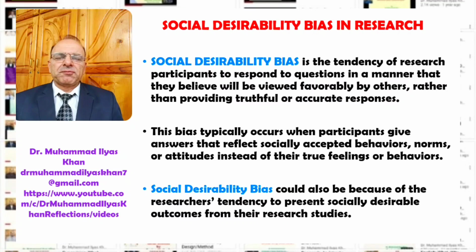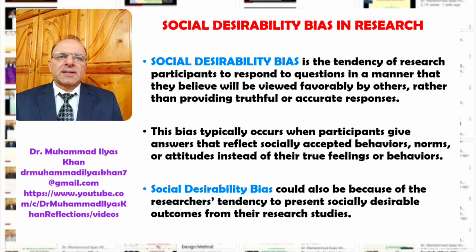So instead of responding with authentic or factual responses, they give responses that they think will be taken more favorably, and so the bias actually distorts the truthfulness or accuracy of the responses.